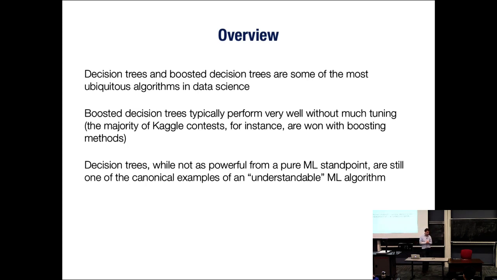But amazingly, in some sense, boosting, which is a technique that combines multiple decision trees together, is really one of the most ubiquitous state-of-the-art machine learning algorithms. Neural networks are getting a lot of press right now, and certainly a lot of academic interest.